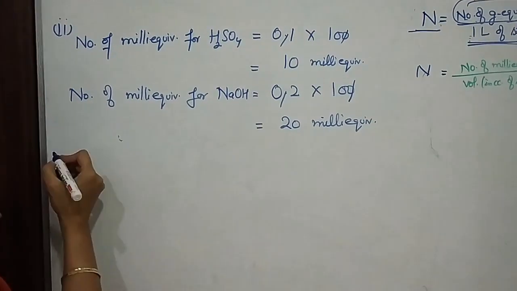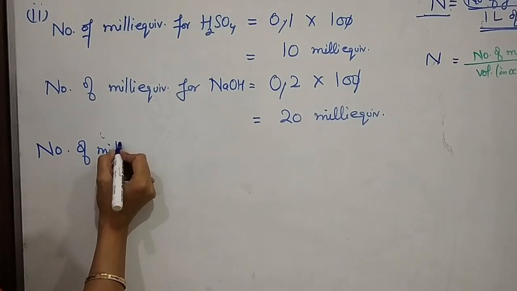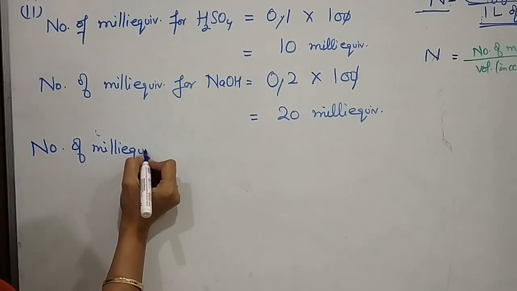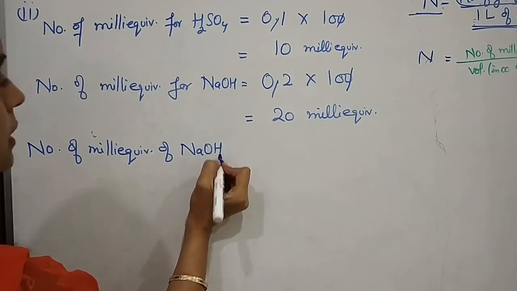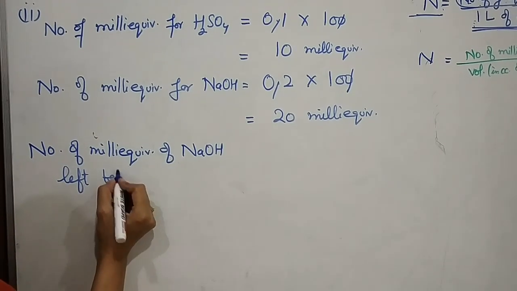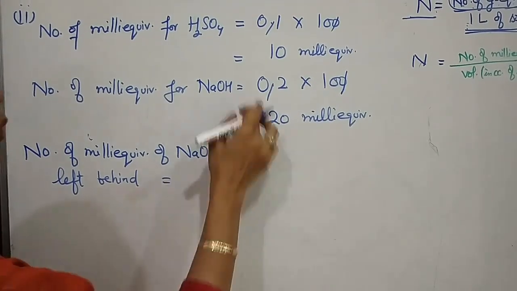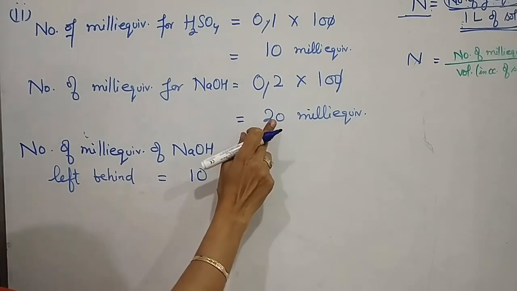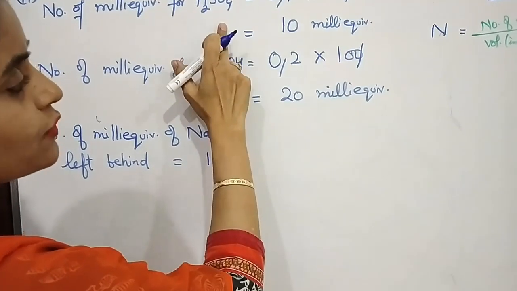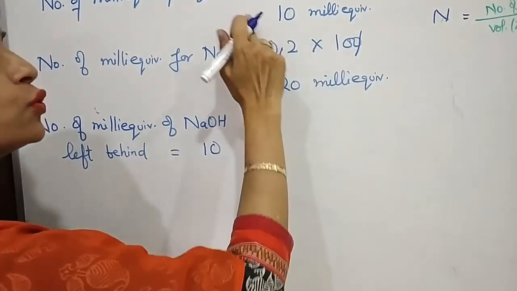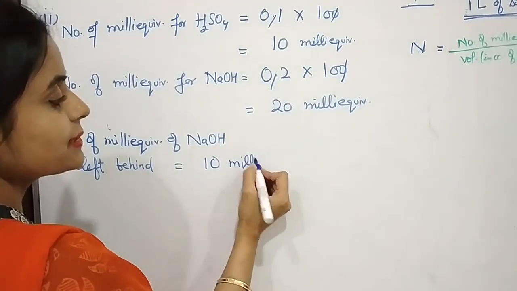As a result, number of milli equivalents of NaOH left behind is 20 minus 10, because for neutralization of H2SO4, 10 milli equivalents of NaOH is used and 10 left over. So it is equal to 10 milli equivalents.